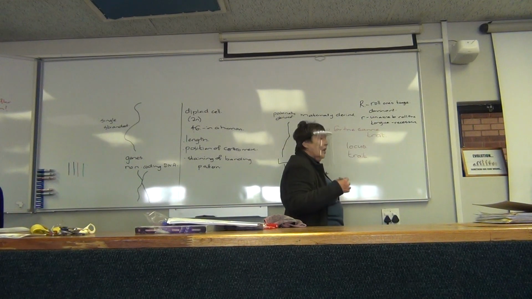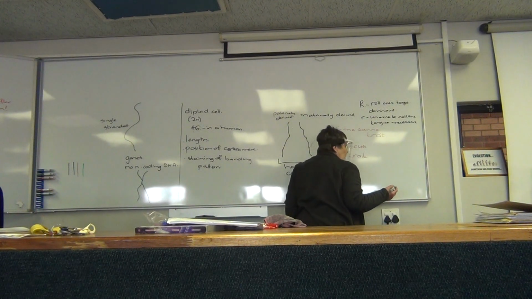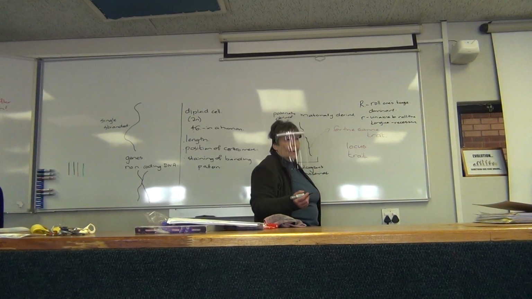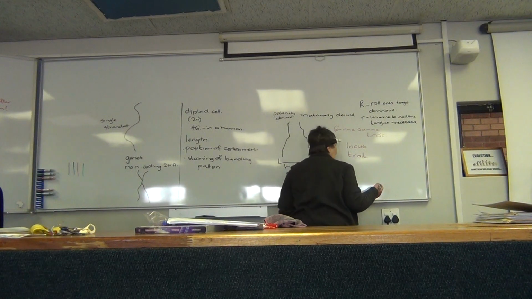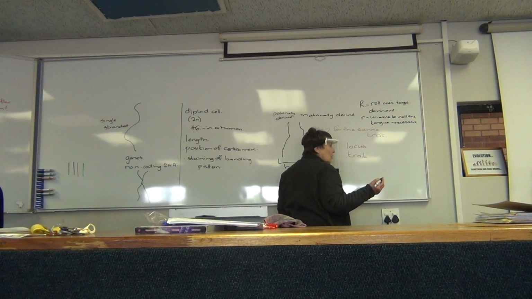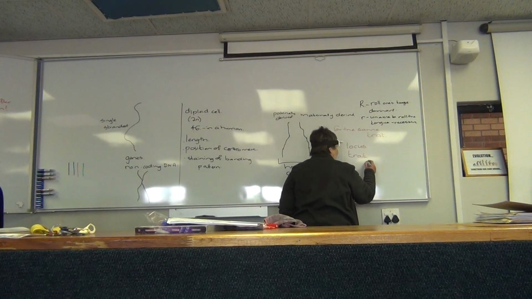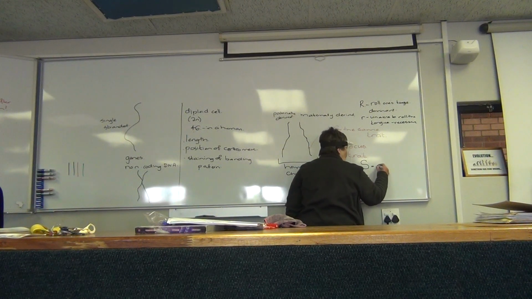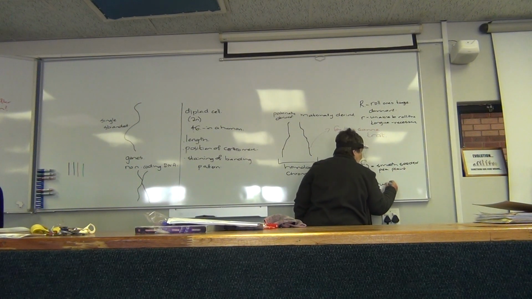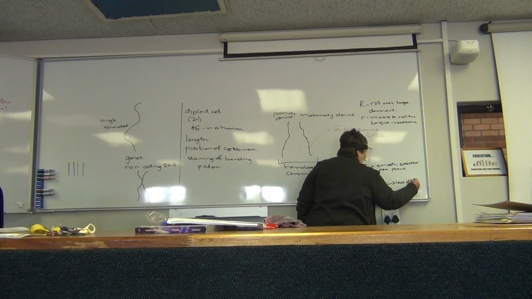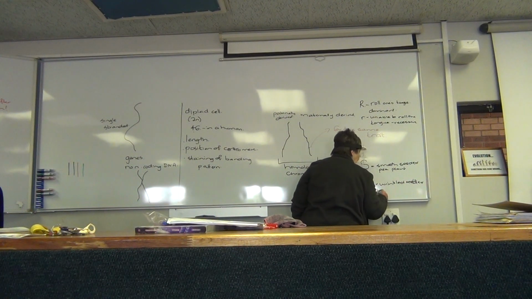Okay. So if, for example, the allele for smooth-seeded pea plants is dominant over the allele for wrinkled-seeded pea plants, then that would represent the allele for smooth-seeded pea plants, and this would represent the allele for wrinkled-seeded pea plants.